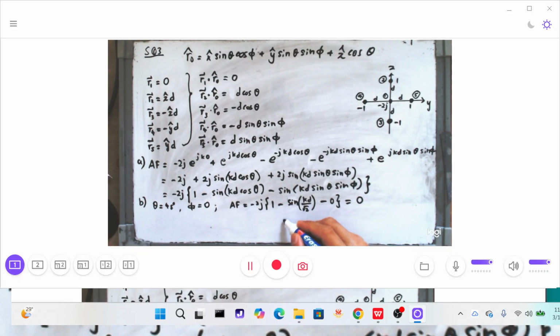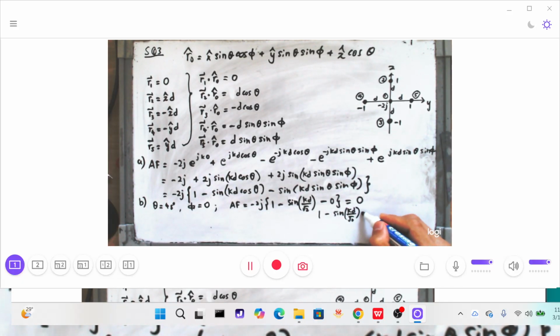We can say 1 minus sine kd over root 2 is 0. Okay, then you don't need to even argue. I can say this.